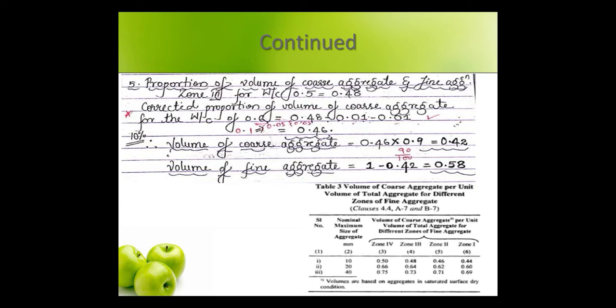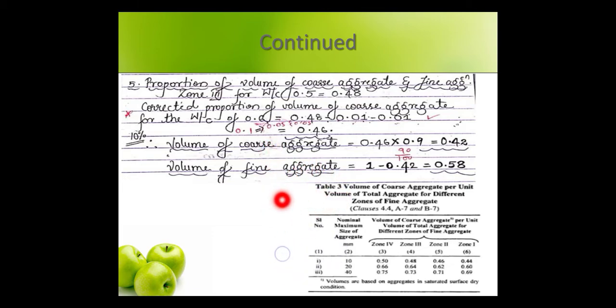Sand is third zone, 10 mm aggregate. For 10 mm aggregate, the volume of coarse aggregate will be 0.48. Now we need the corrected proportion of volume of coarse aggregate for water cement ratio of 0.6. We are getting a water cement ratio of 0.6, but this table is for 0.5.